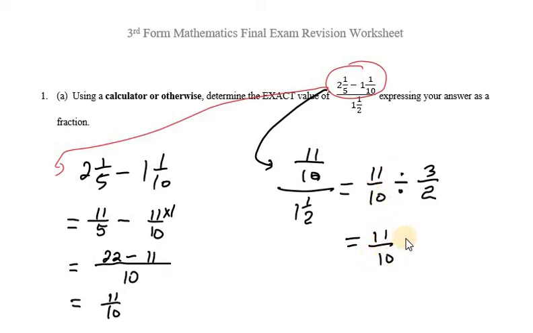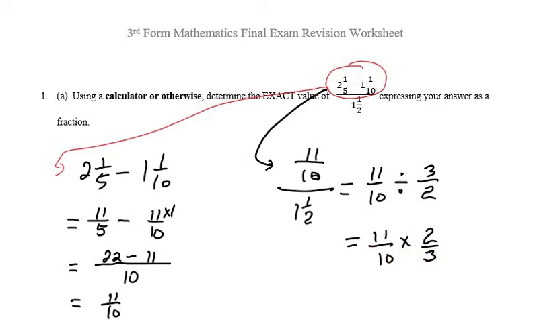Now we're going to write back the first fraction. That's the numerator fraction. And what we're going to do, we're going to change the division sign to multiplication sign and reciprocate the divisor, the fraction 3 over 2, which is going to give us 2 over 3. So dividing by 3 over 2 is really the same thing as multiplying by 2 over 3.